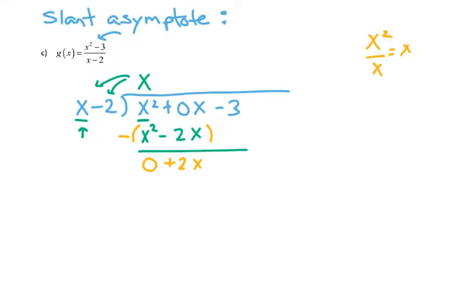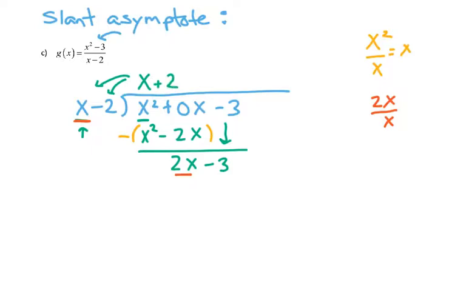And we will rewrite that without the 0. So I have a positive 2x down here, and I bring down the negative 3. And now I ask myself, what do I need to multiply x by to turn it into 2x? Or alternatively, you divide 2x by x, and that equals positive 2.